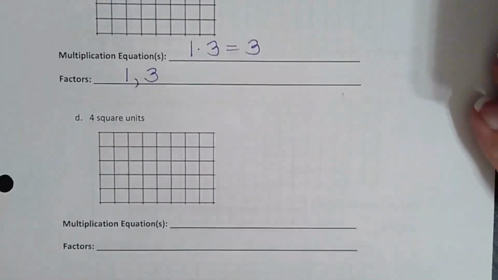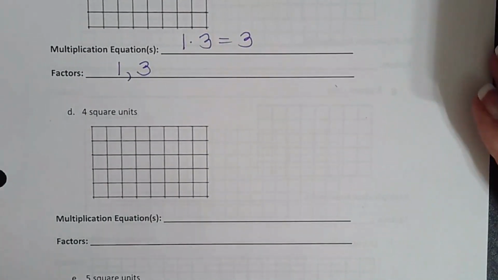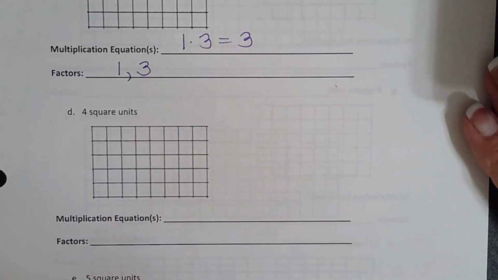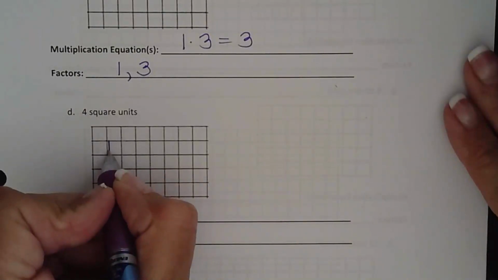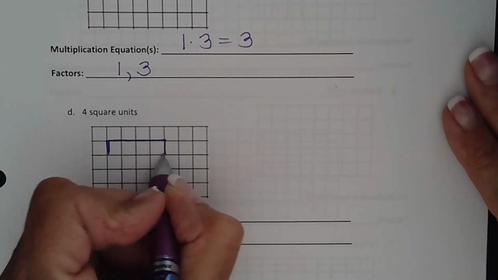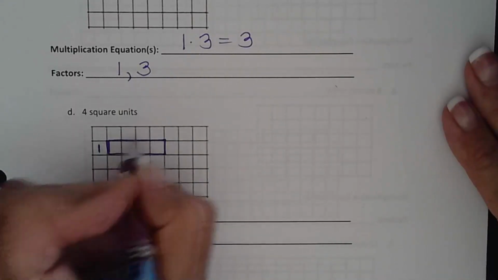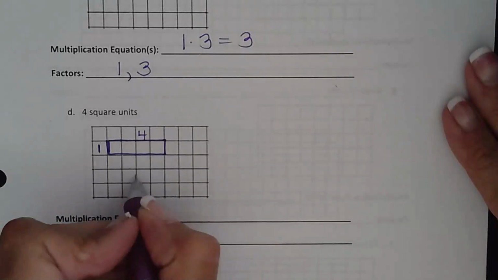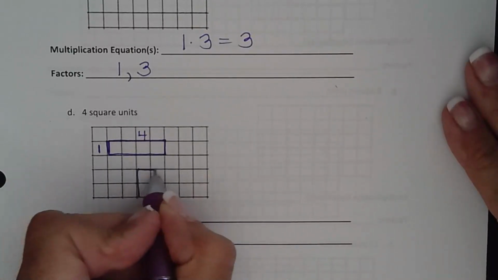Okay, 4 is a little bit more fun. 1 times 4 is 4, but so is 2 times 2, so we'll have 2 here. So 1 times 1, 2, 3, 4. And then also 2 by 2.